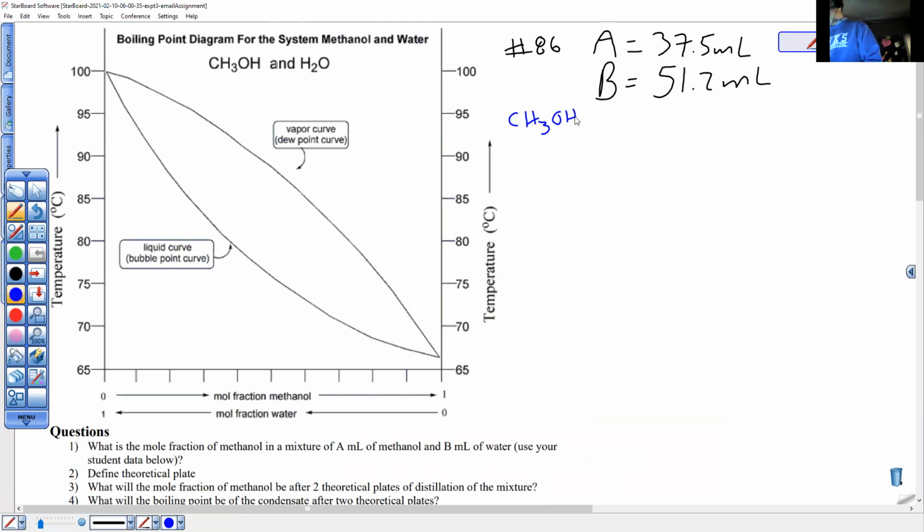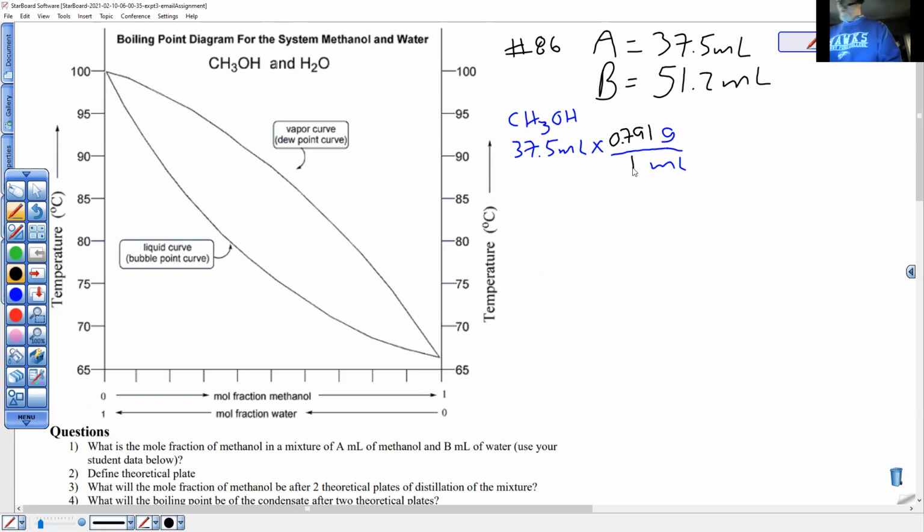We have 37.5 milliliters. We can't go to moles unless we have grams and then moles. That's a density conversion right there. I'm not memorizing equations, I'm just using units. I need to get rid of milliliters and make it grams so I can go from grams to moles. There are 0.791 grams, we looked it up, for every 1 milliliter.